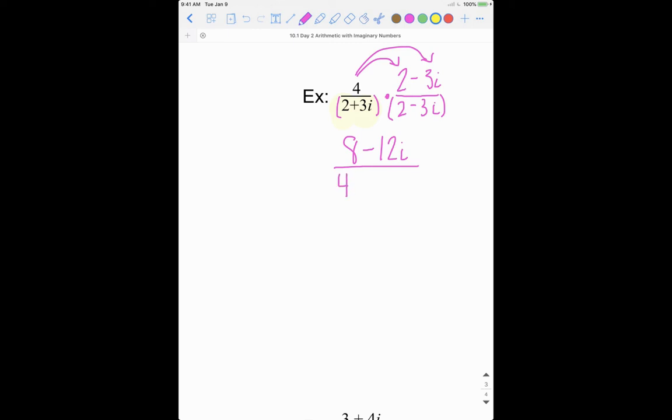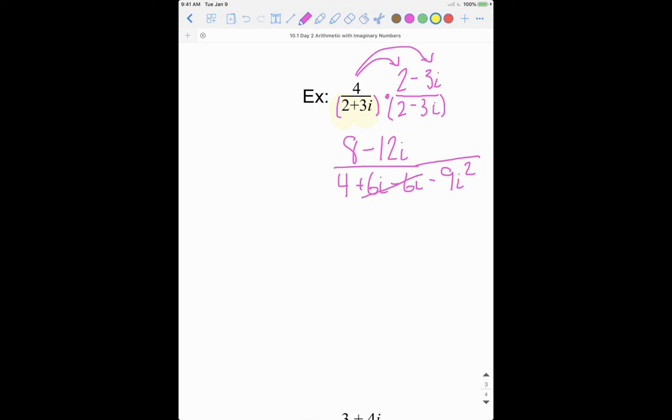I like just first, outside, inside, last. So we've got 2 times 2 gets us 4, plus 6i, minus 6i. Notice those two will cancel out nicely for us, minus 9i squared. As I said, these two cancel out, a plus 6i and a minus 6i.